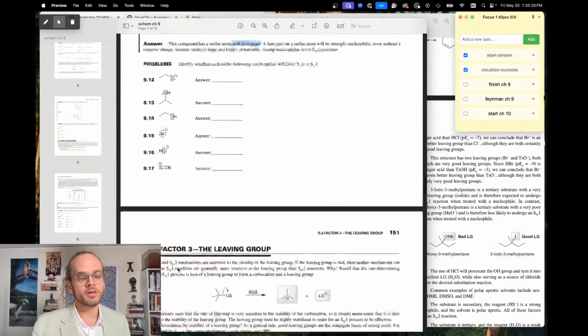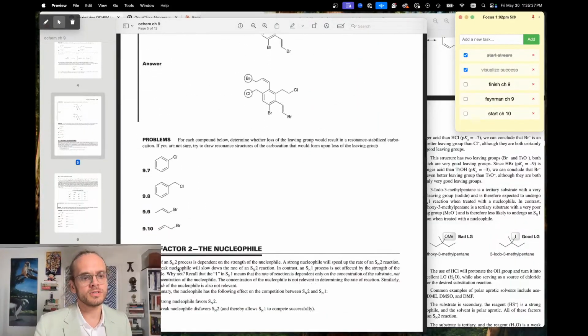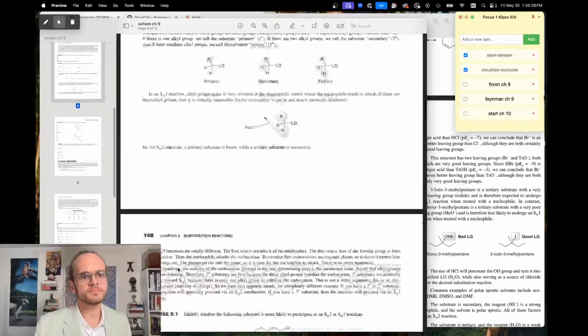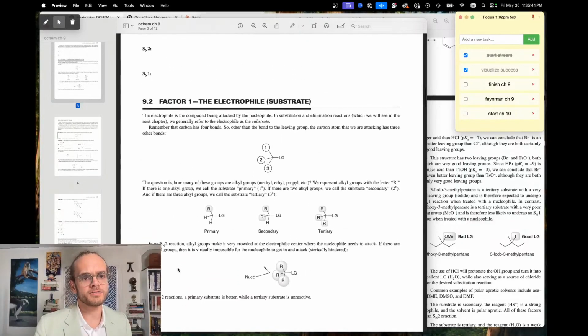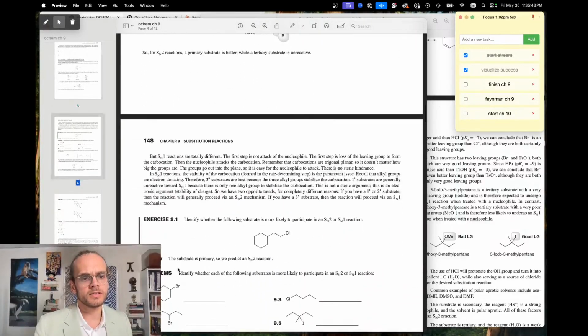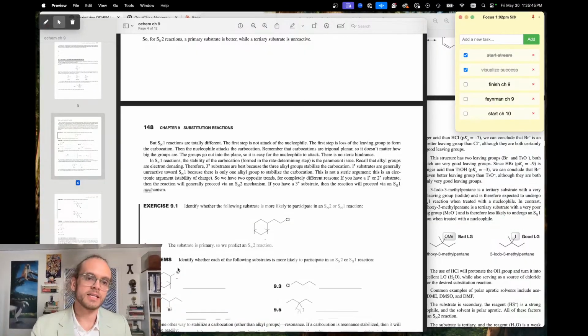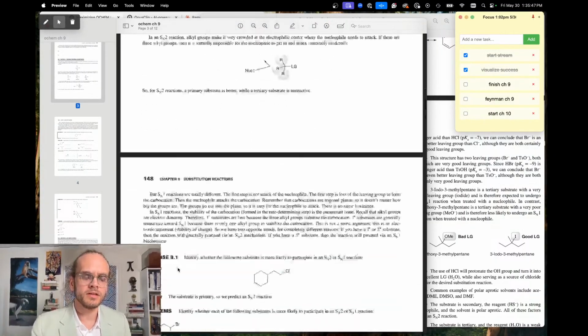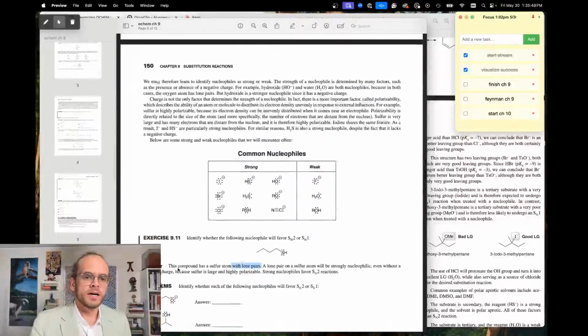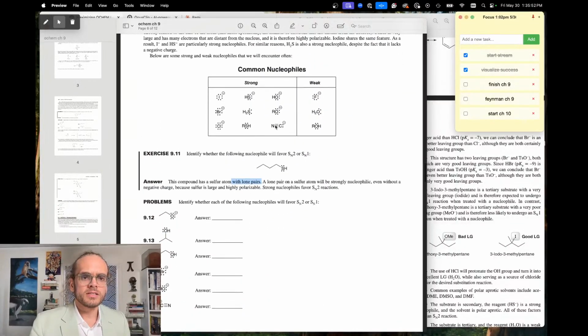Now the leaving group. Okay, so what are these factors for these things? There's the nucleophile. I get the electrophile. And that's the allylic benzylic stuff. I think I get the nucleophile. Basically, I'd like to understand why each of these are strong nucleophiles or weak nucleophiles.